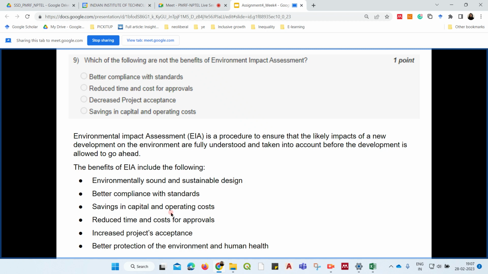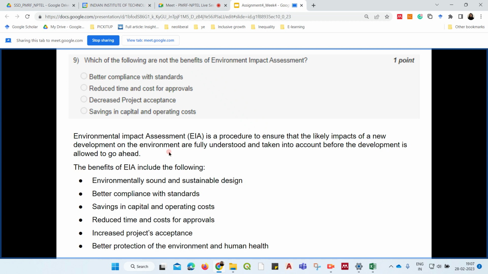So again, pay attention to the question, as I always say, to how it is worded. You are to select the options which are not the benefits of environmental impact assessment. So first, what environmental impact assessment is. EIA, or environmental impact assessment, is basically a procedure that is used to ensure that whenever a new development is taking place, whatever impacts that new development will have on the environment are fully understood before the development happens, and they are taken into account.